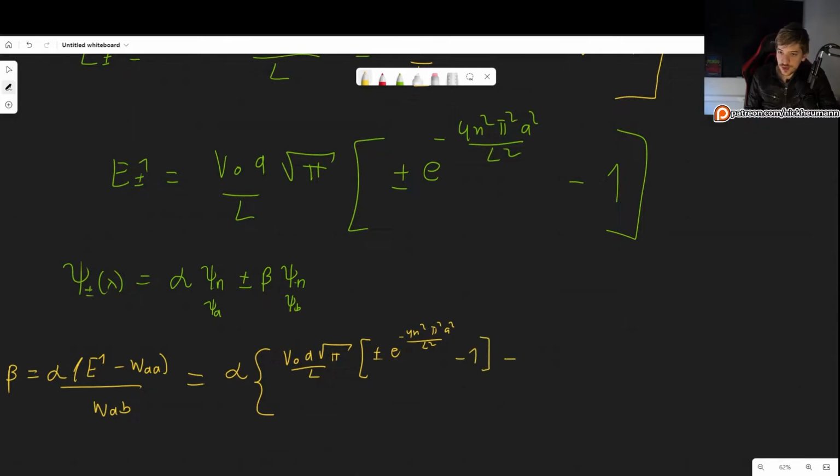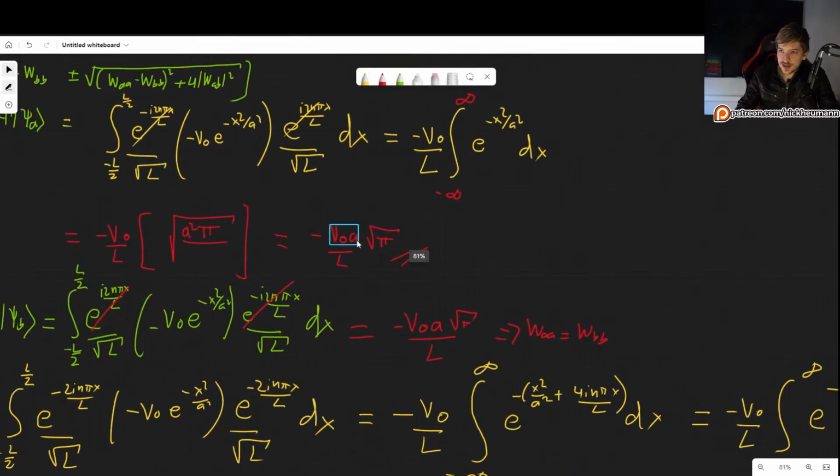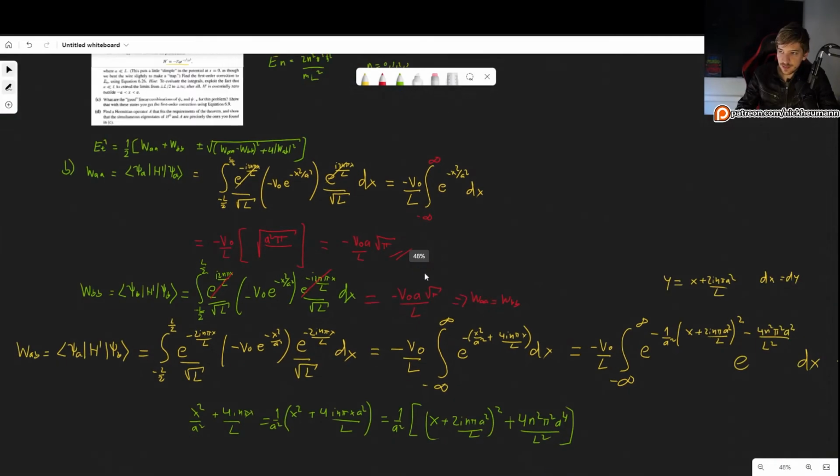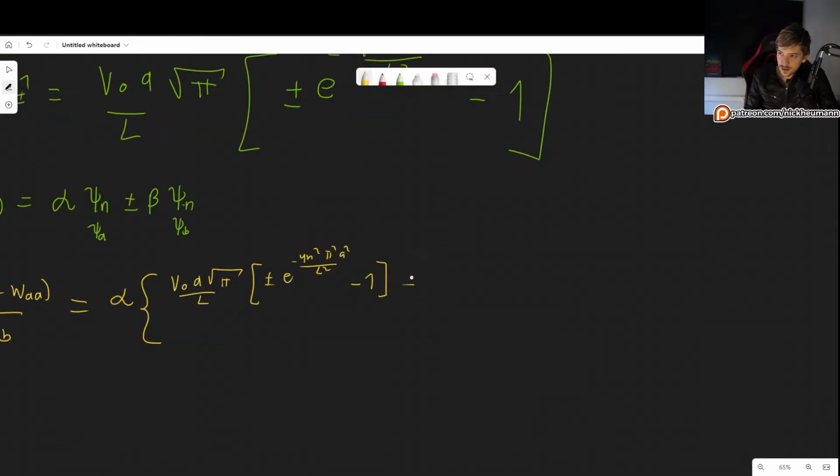And then we need to subtract WAA. But WAA is minus V0A, blah, blah, blah. So basically we add V0, so plus V0A square root of pi times L.